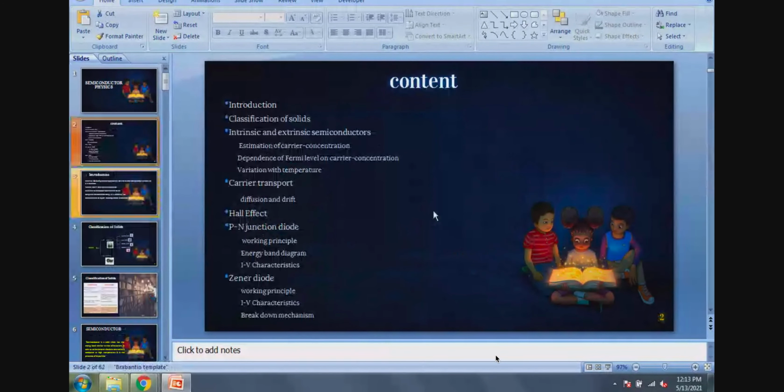We have done the intrinsic and extrinsic semiconductors. Now let us calculate the estimation of charge carrier concentration, isn't it?